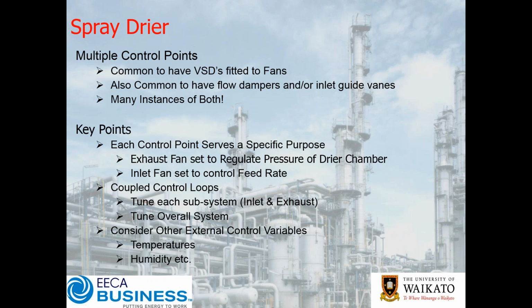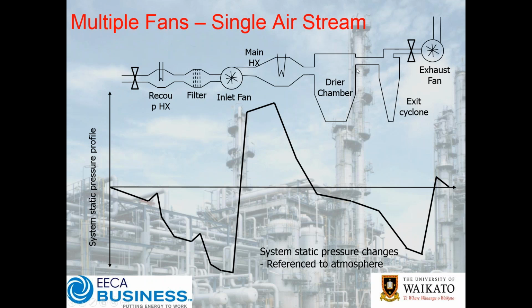Now, if you're looking at a system like this or some other system that might be a little different but can follow the same principles, as a starting point, you've got to understand where are my control points in the system and what does each control point actually do? So for example, if we go back here, previously, the exhaust fans on a system like this will typically be controlling a pressure in our chamber, or it might be a reaction vessel depending on the industry you're in.